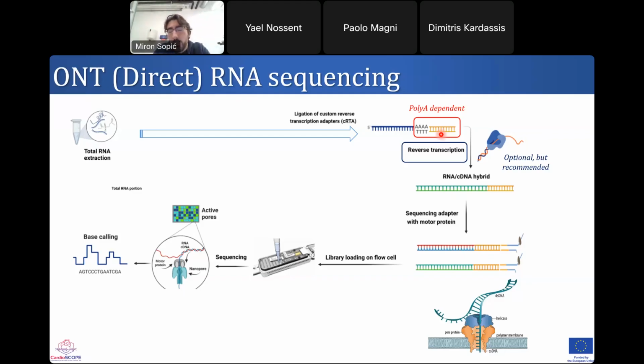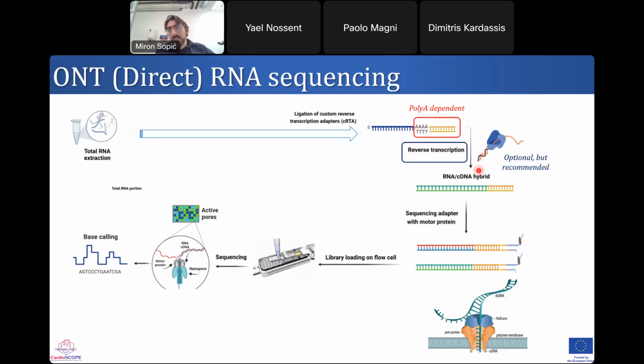Unfortunately, because we work with clinical samples and have a very limited amount of RNA to start with, we couldn't do it, because for this to work, we need around, I think, 7-8 micrograms of RNA, and for most samples we have around 1 to 2 micrograms. So not to digress too much, I just want you to realize that this type of sequencing in its original form, without any modification, is poly-A dependent and focuses only on poly-A transcripts.